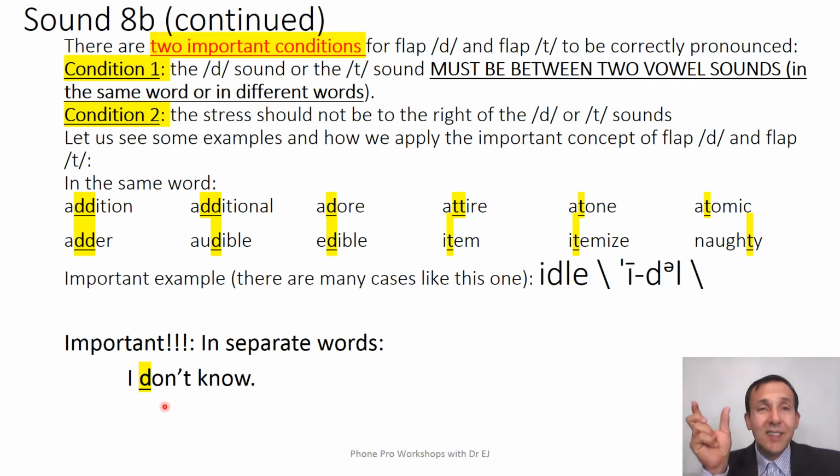However, when you analyze the sentence, as you could see when I said da da da, I don't know, okay, the stronger stress is here. At a sentence level, the stress is not here.